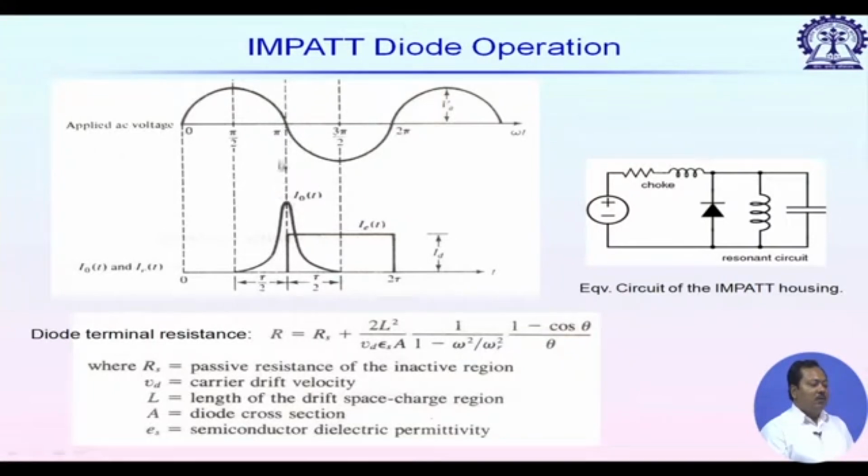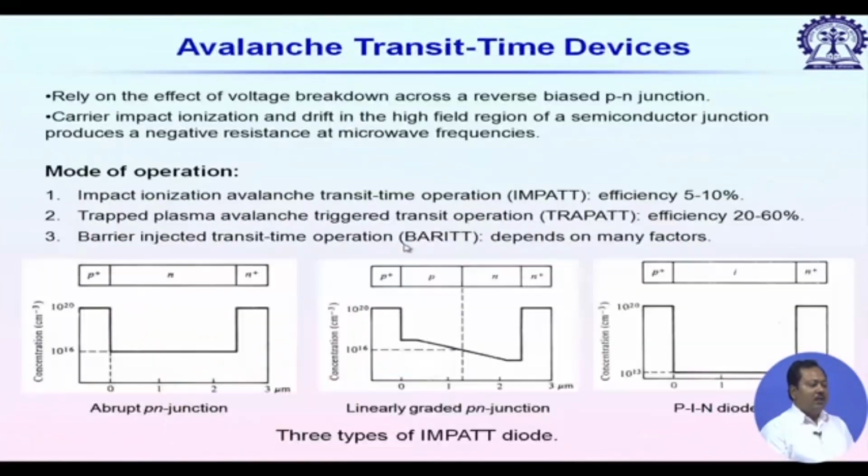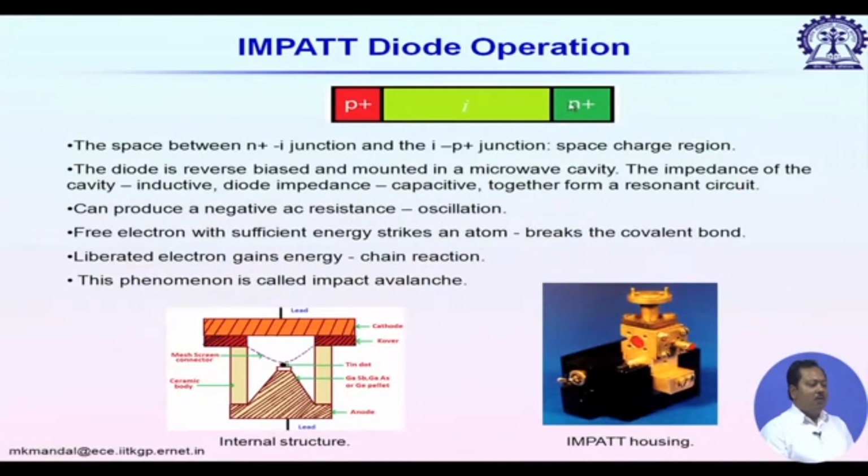And now, after that it does not instantaneously stop; even after that it continues to some extent, and due to that we have some more electron hole pair generation. So, at the negative most point of this AC it stops completely. Now, once these electron hole pairs are generated, these holes drift through the I region and it will take finite time to reach this P plus region.